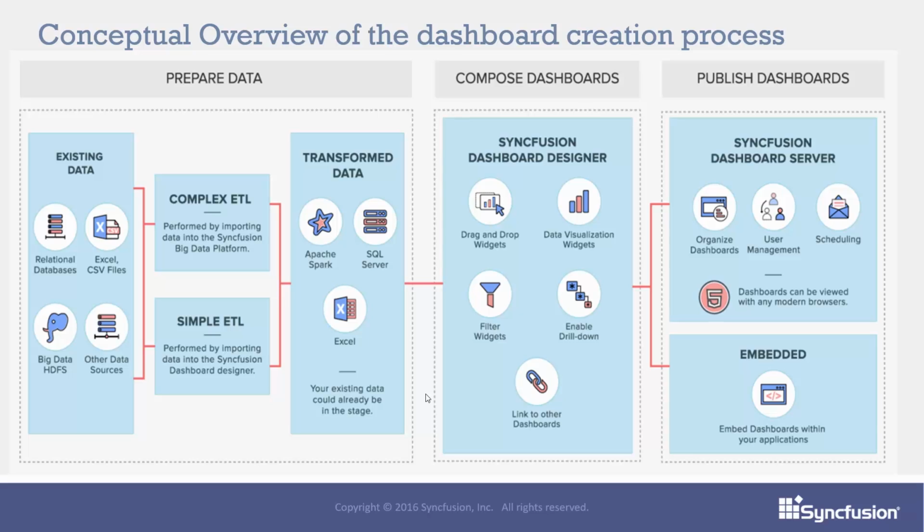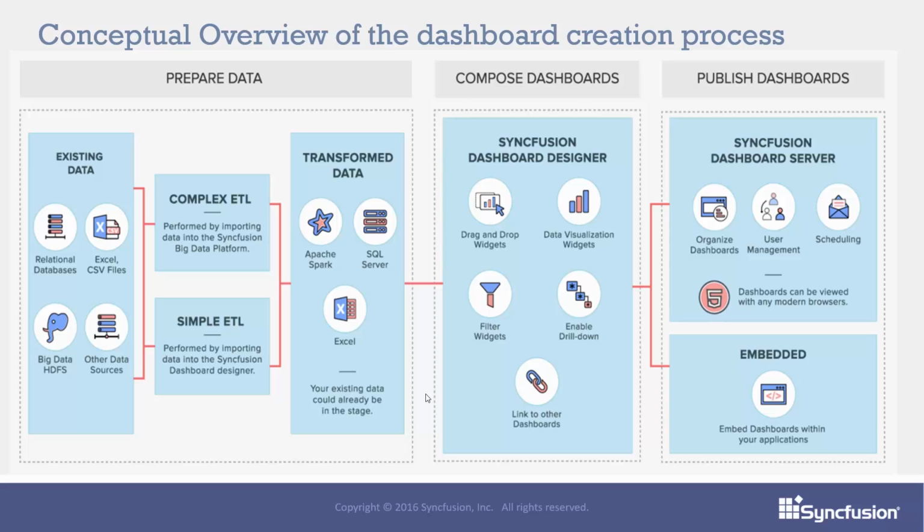So once you have the transformed data, it's typically denormalized. It doesn't have to be in one place. It can be in multiple places, but it's in a form where you can easily join it and then build the widgets from there. At that point, the Syncfusion Dashboard Designer gets involved, and with a drag and drop interface, you're able to customize everything, get the whole system wired up to the data source, and bring the dashboard to a form that you're comfortable with.